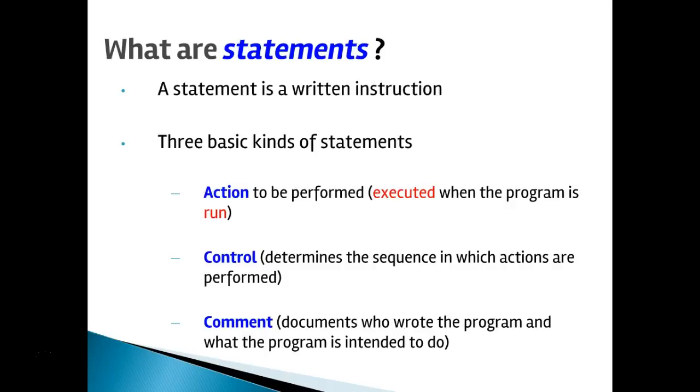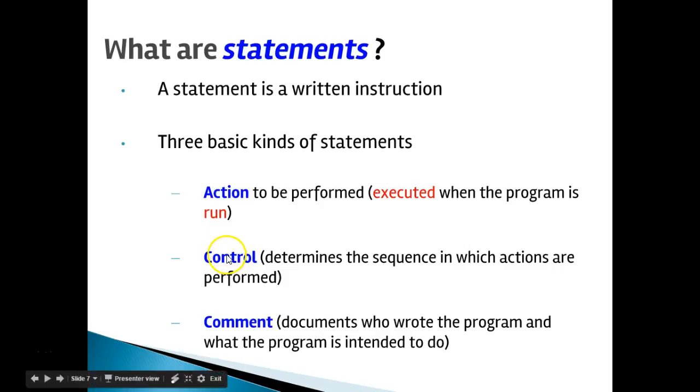So what are statements? Again, we're back a little bit to the vocabulary so that we're all talking the same language. A statement is just that written set of instructions, and there are three basic kinds of statements. We want to pay attention here. We have the action that needs to be performed, and the action is what's executed when the program runs. So when you actually click the run button in Alice, that's the action.